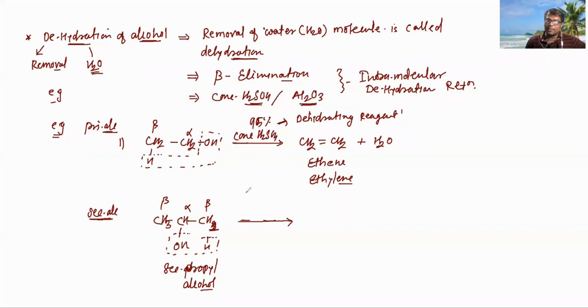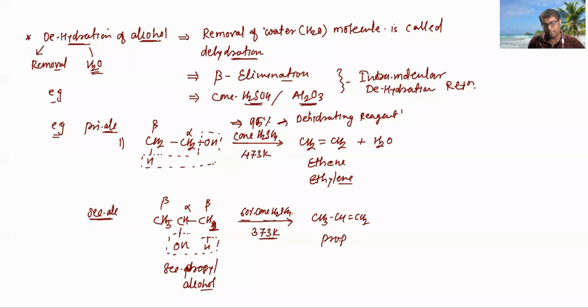Here the condition is changed. For primary alcohol, we are using 95% concentrated H2SO4, and 573 Kelvin temperature is needed for dehydration. In secondary alcohol, only 60% concentrated H2SO4 is used and 373 Kelvin temperature is needed to dehydrate the alcohol, and we get the alkene, propene.